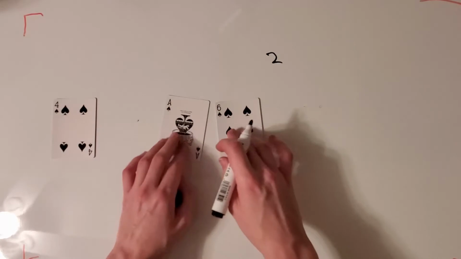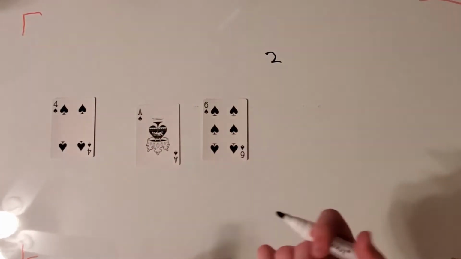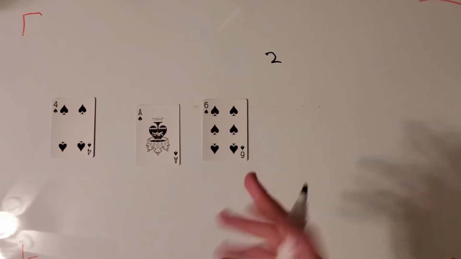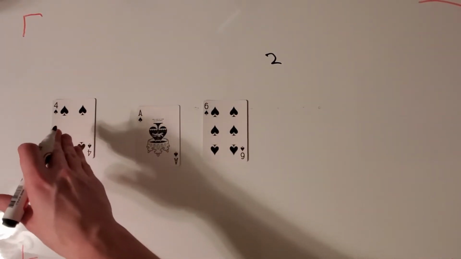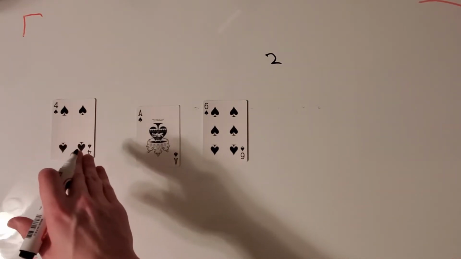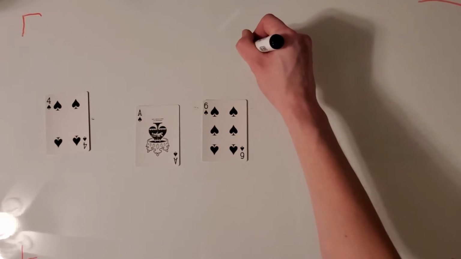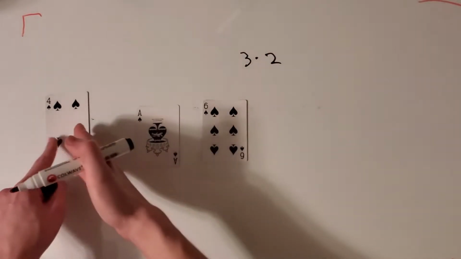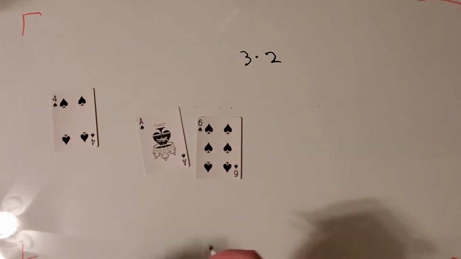And if we have the 4 out here, we could switch these 2 cards, and there are 2 different ways to arrange them. And there are 3 different possible choices at this point of the card we set aside. So there are 3 choices of this card times the 2 ways to arrange the remaining cards.